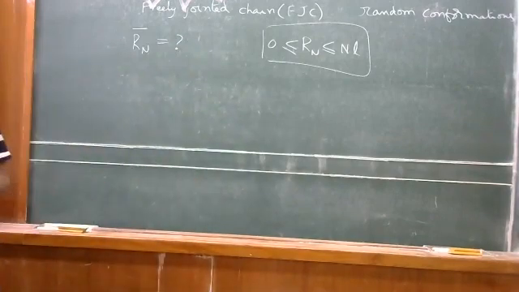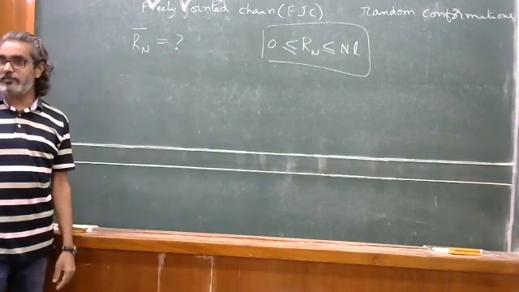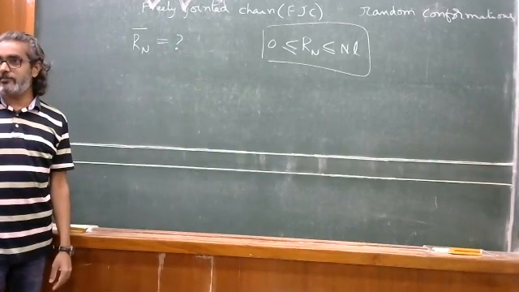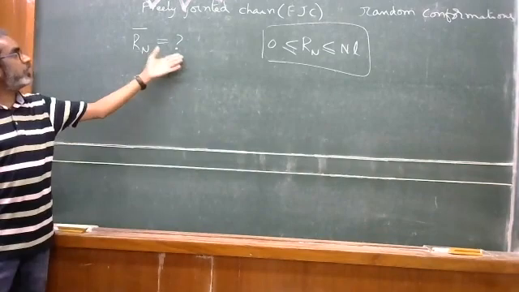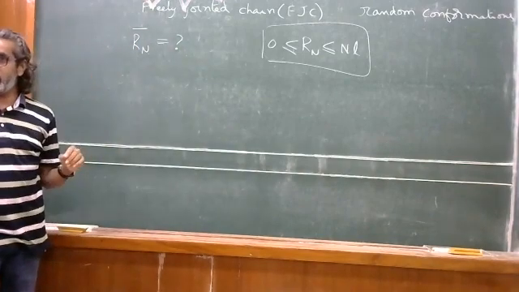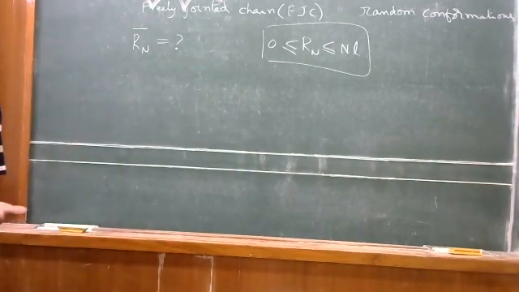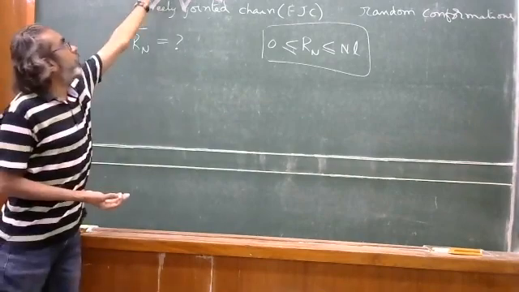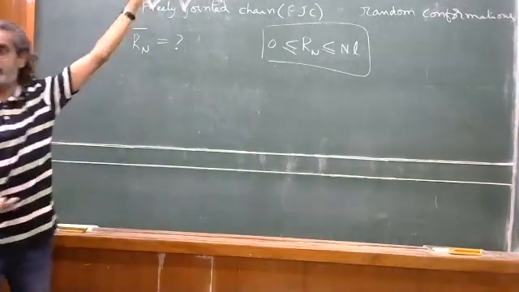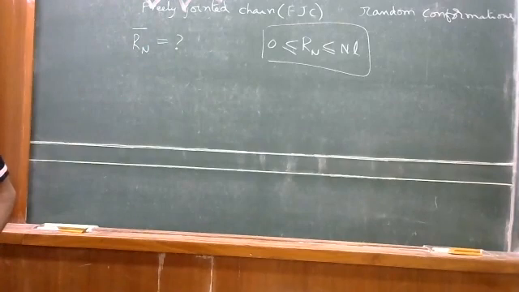You want the range? No, I want the true average value. Obviously it will depend on the number of segments, the length of the segment, and theta in a way. Basically you have to express it in terms of the known quantities or parameters of the chain. Let's say you take a polymer consisting of two monomers.